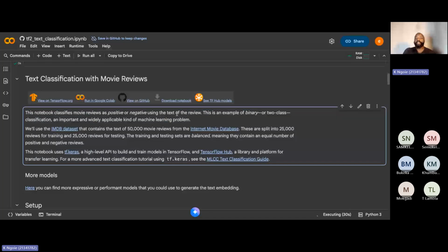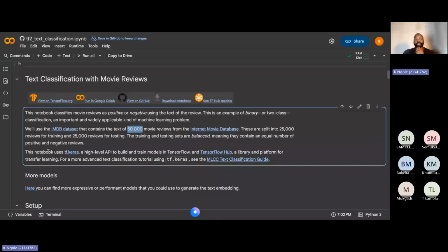So this is just a binary classification problem. This is why we've used binary cross entropy as the loss function. The dataset that was given to us, the IMDb dataset, contains the text of 50,000 movie reviews from the Internet Movie Database. They are split into 25,000 reviews for training and 25,000 for testing. The training and testing sets are balanced, meaning they contain an equal number of positive and negative reviews.